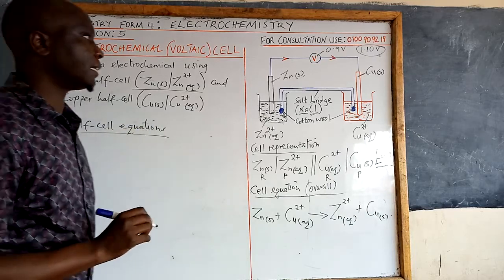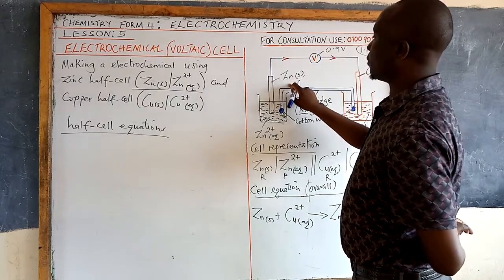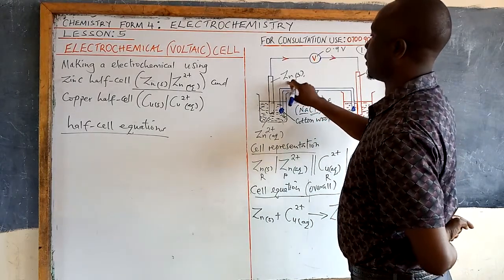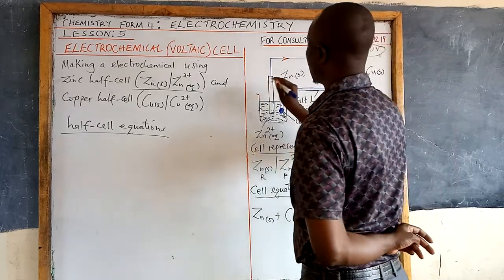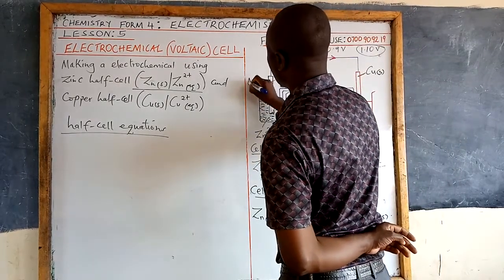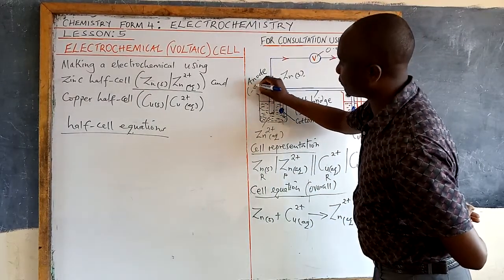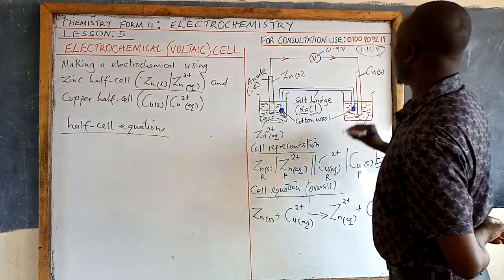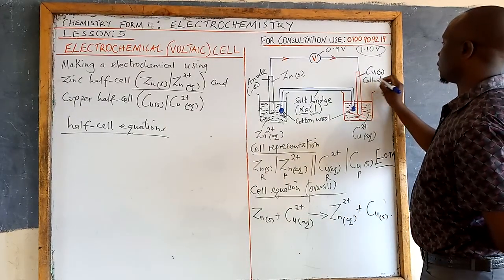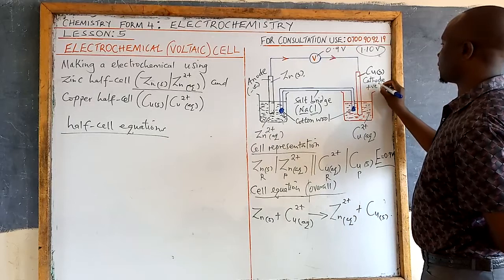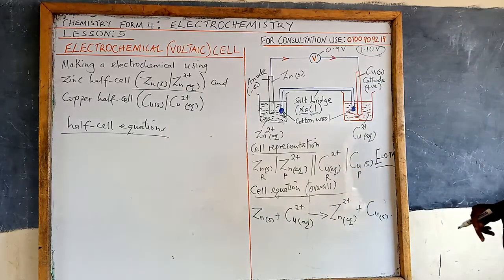Then remember I said the zinc half cell will be the negative electrode. The negative electrode we call the anode, so this becomes the anode. And then the copper will be the cathode, the positive electrode.